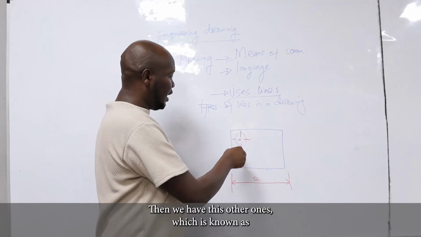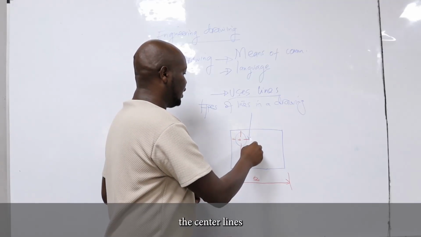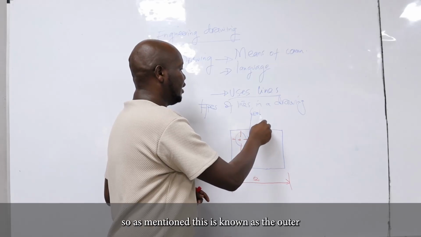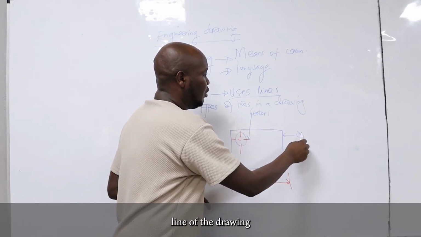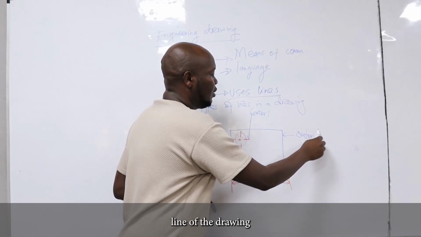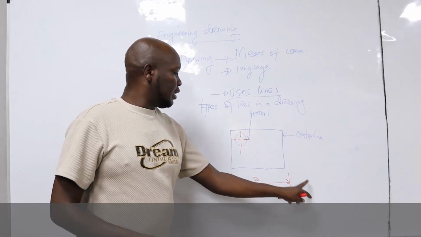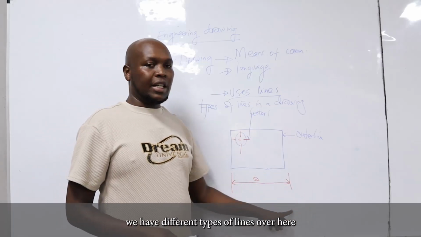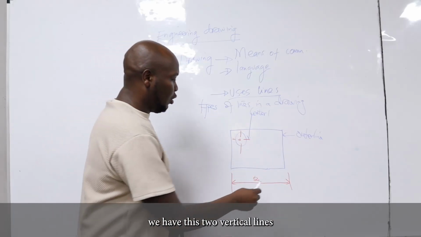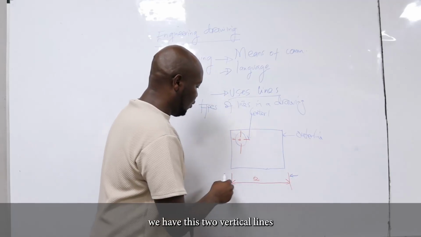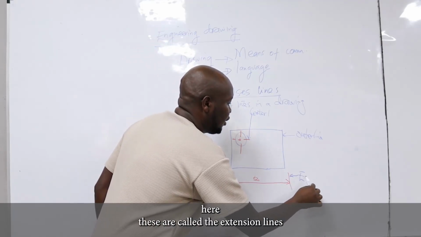Then we have these other lines here, which are called the center lines. And then we have this red line over here, this one down. We have these two vertical lines here, which are called the extension lines.